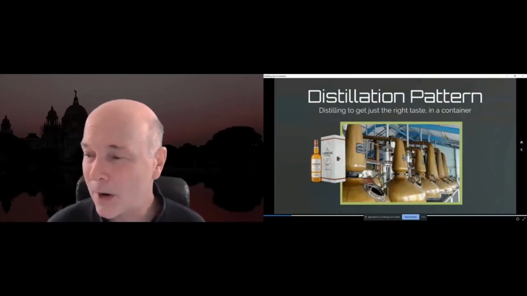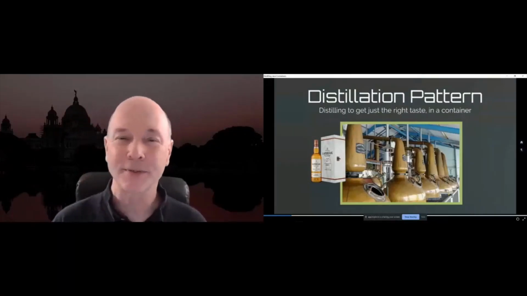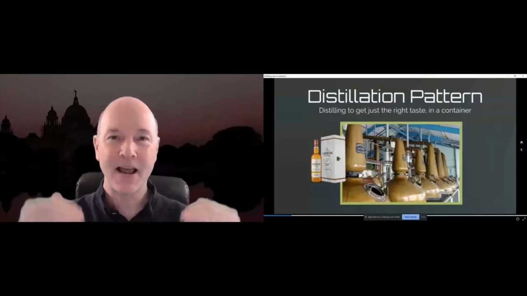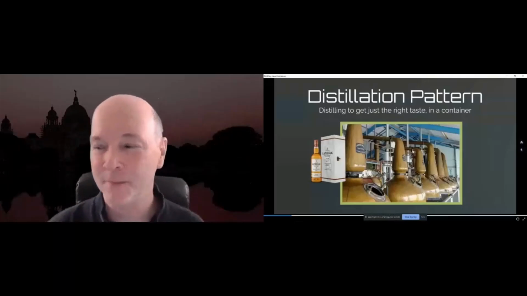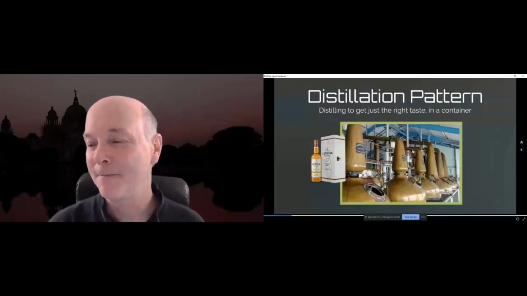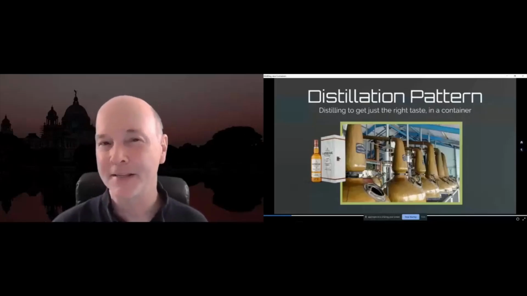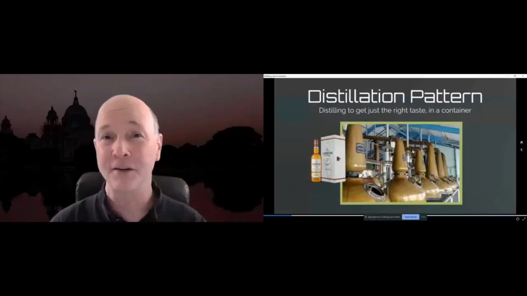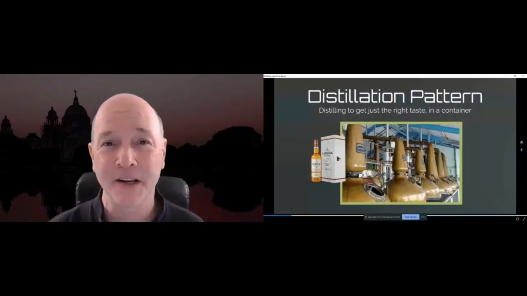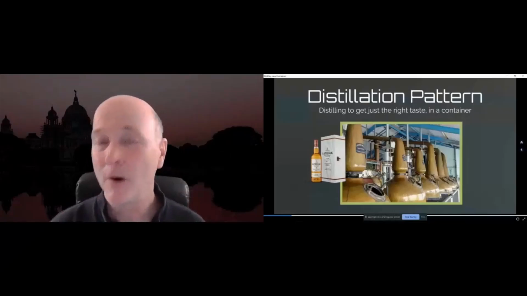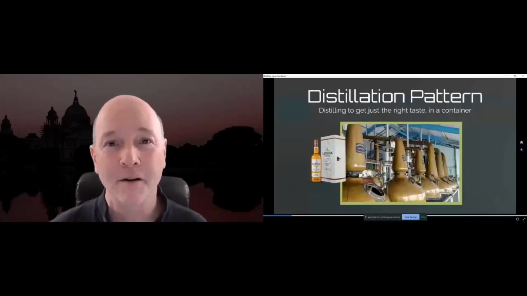I'm going to get into a slide that talks about the different aspects of the distillation pattern, and in the hands-on I'm going to take you through a couple of different techniques for distillation using Java, hopefully to squeeze that water out of the rock, the container.